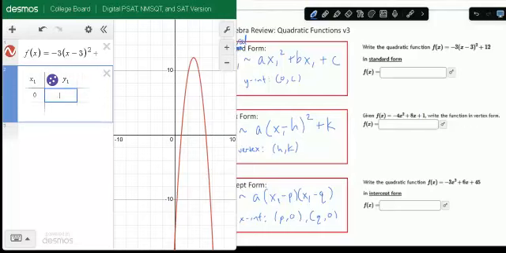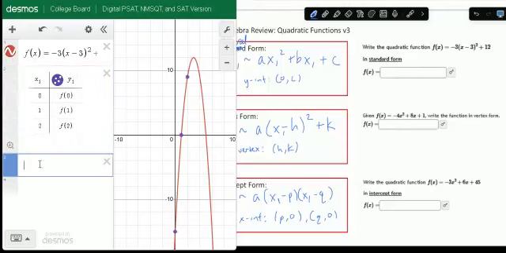I'm going to pick 0 as one x input, and then I don't have to manually solve for this. I can simply use function notation and put f of 0 as my corresponding output. I can then do 2 other points, 1 with f of 1, and 2 with f of 2. You can choose any points that you want. But notice here it's plotting those points for me.